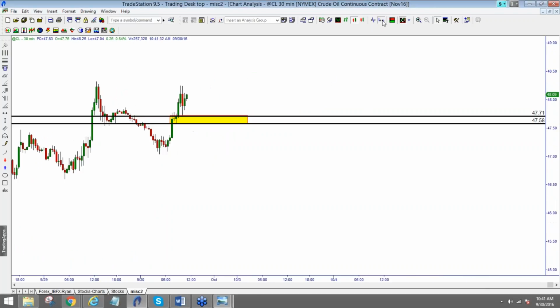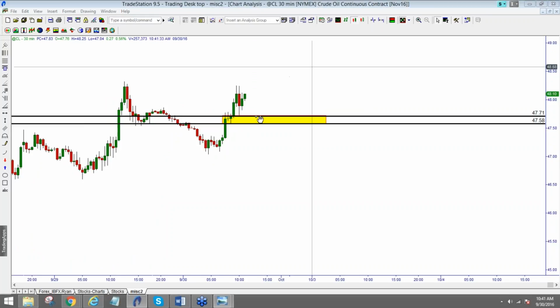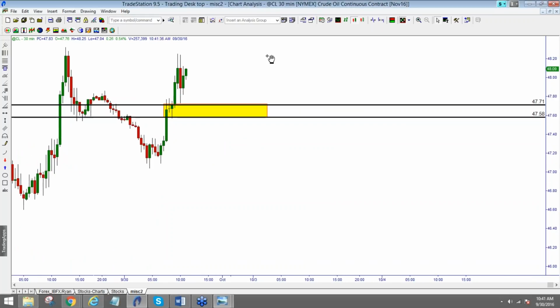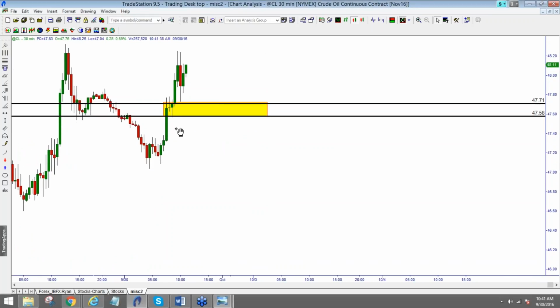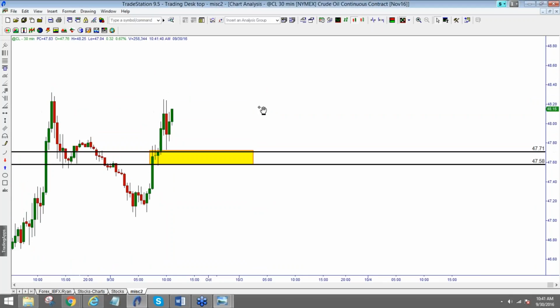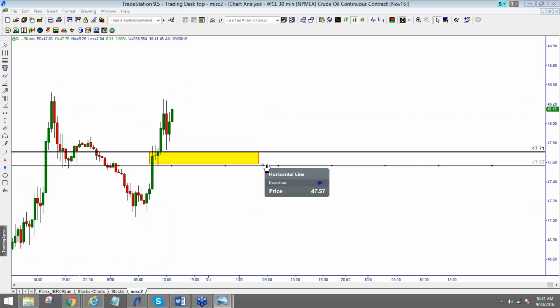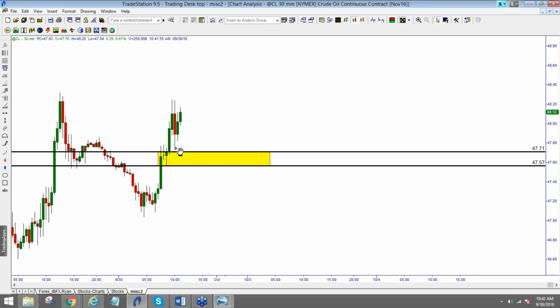Let me widen this open a little bit more. Just missed this little level here. I don't know if I'd want to take it on that second go. It's not tested and not touched, but let's see.